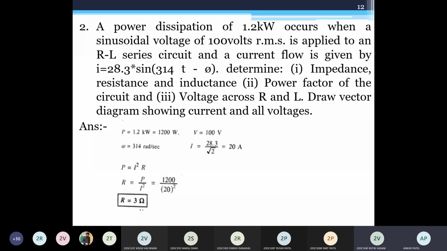Just substitute the values. We know Z is 5 and R is equal to 3. So get the XL. After getting XL, use the equation XL equal to omega L. Omega is given, so L is equal to XL upon omega. What are you getting for XL?